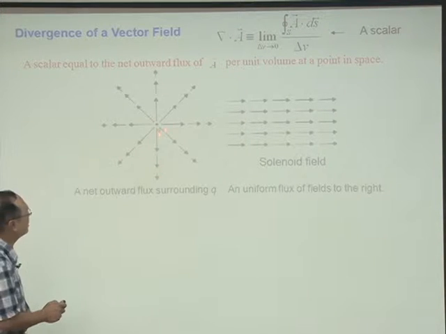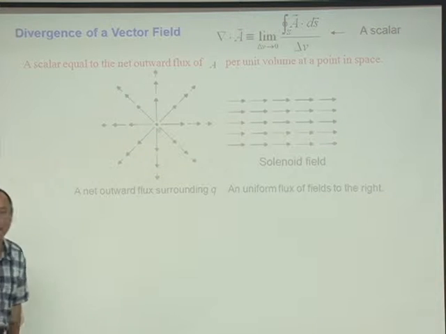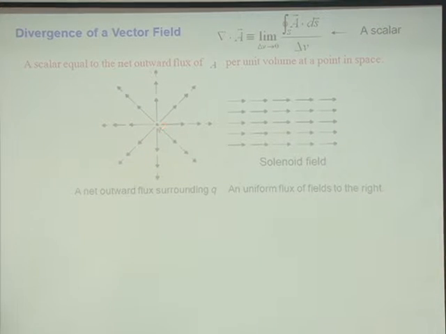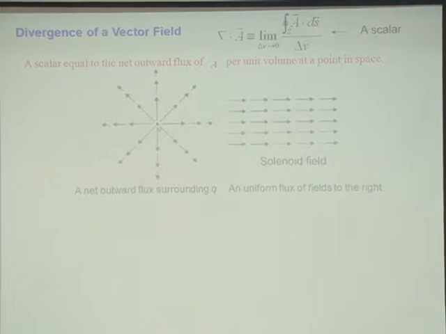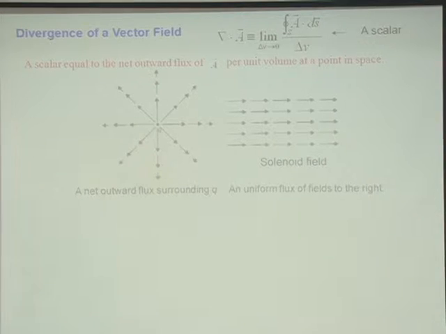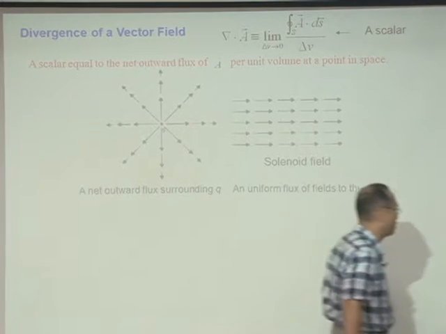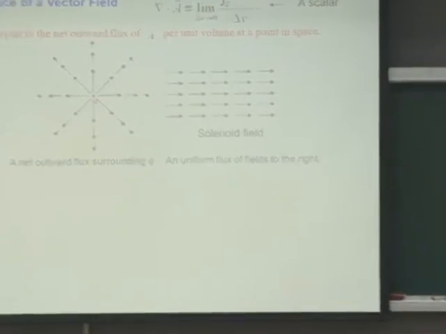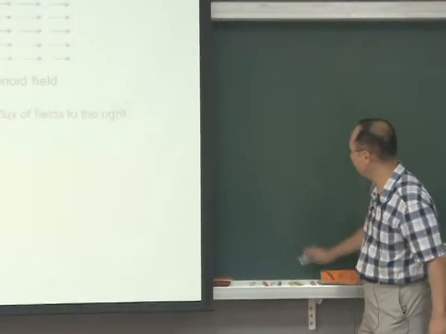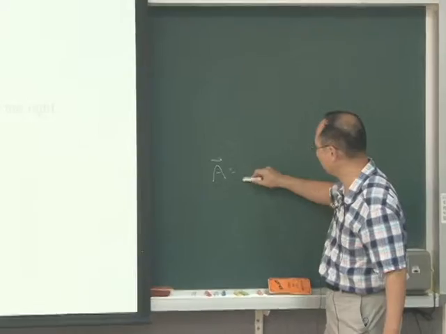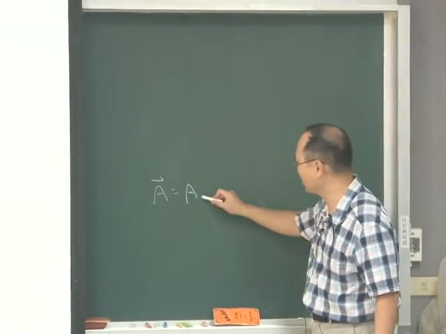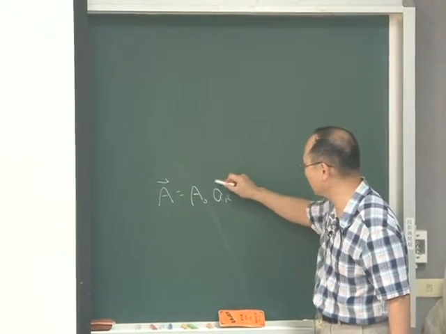So if you look at this figure physically, you can calculate a flux, right? Because of the dot product of A. For this configuration, A has some value. Let's call it A naught, and this is along the R direction.